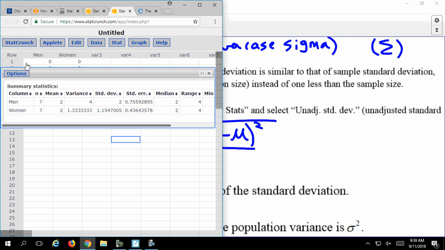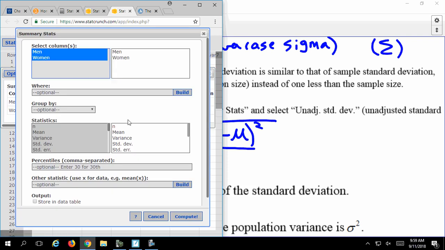I'm glad you asked. So click Options and Edit. So we're going to go back to this menu where we pick the columns, men and women. And down here we have a list of statistics. The ones that are highlighted are the ones that are defaulted for you already, but you have others. And if you go down, there's one called unadjusted standard deviation.